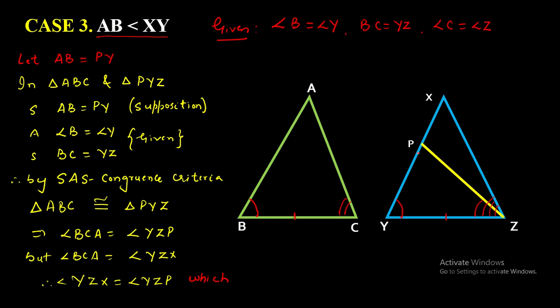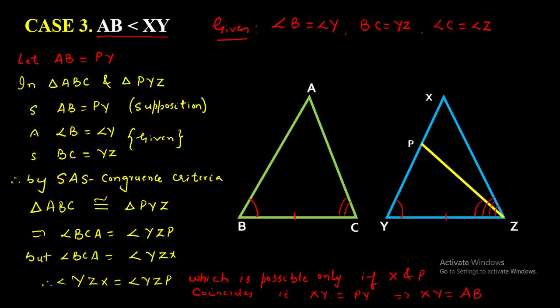That means P and X should coincide, which is possible only if XY is equal to PY. Then we can say XY is equal to AB.